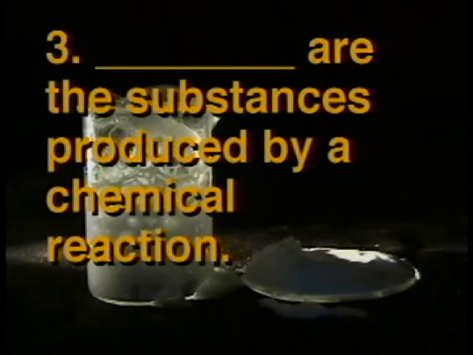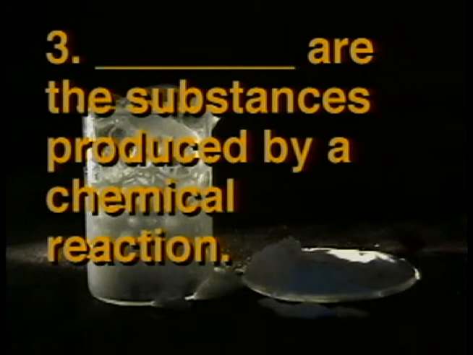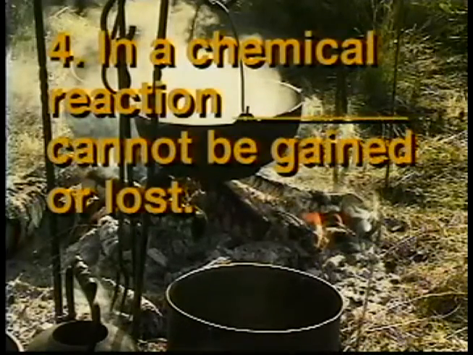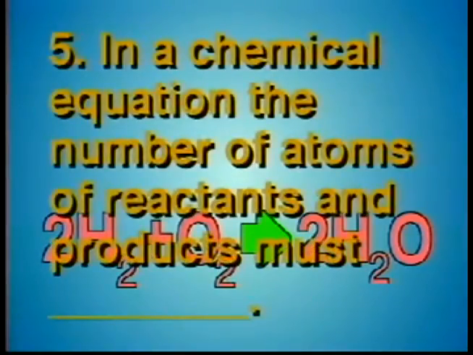Number 3. Are the substances produced by a chemical reaction. Number 4. In a chemical reaction, cannot be gained or lost. Number 5. In a chemical equation, the number of atoms of reactants and products must.